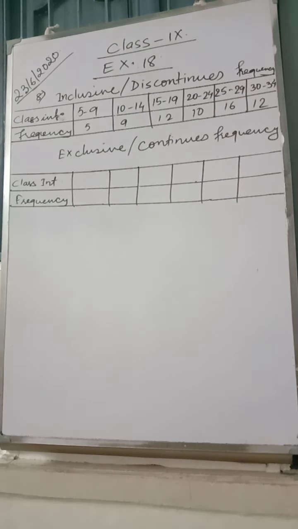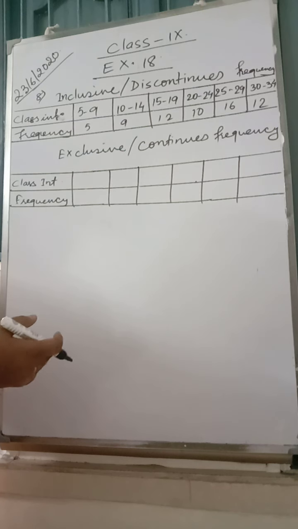So what do we have to do? We have to convert it into a continuous class interval or exclusive class interval. Maybe you remember, in the last exercise I told you, when it is discontinuous, we subtract 0.5 from the lower limit and add 0.5 to the upper limit.